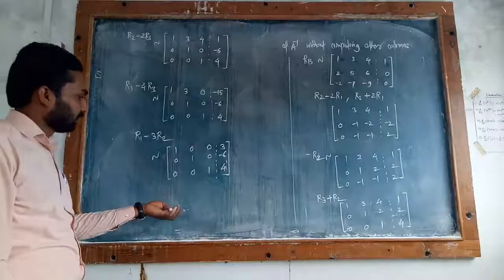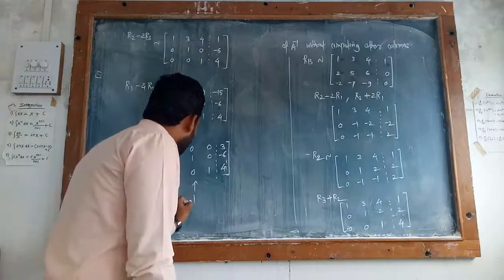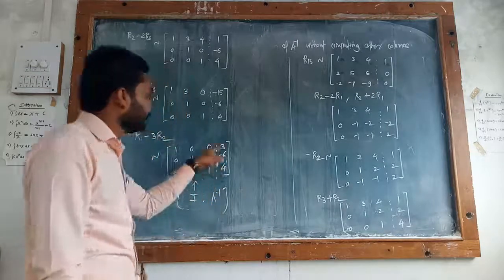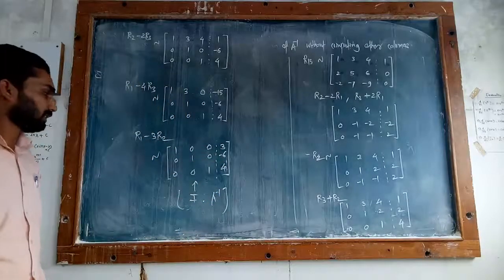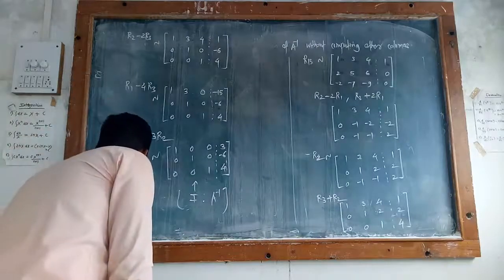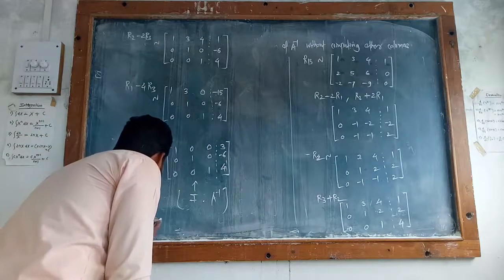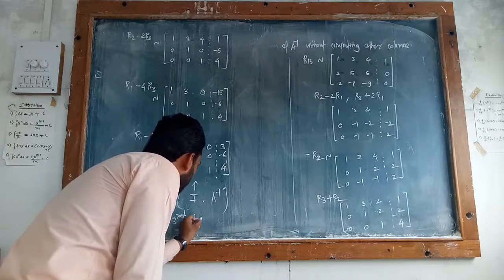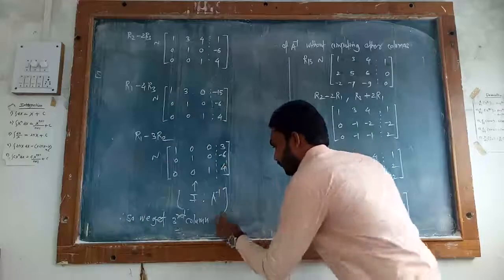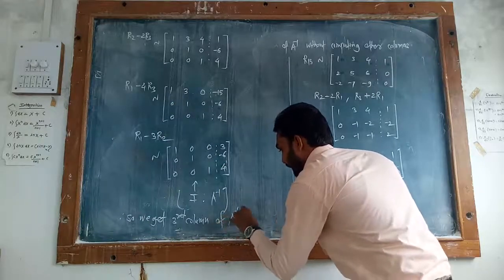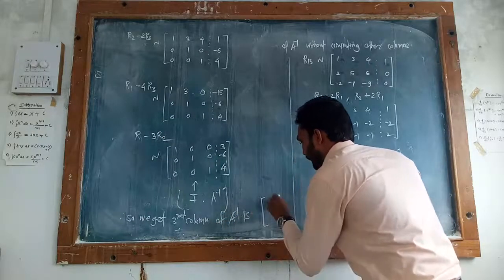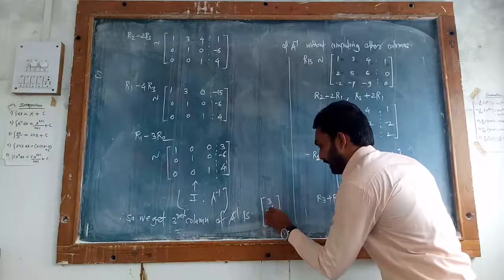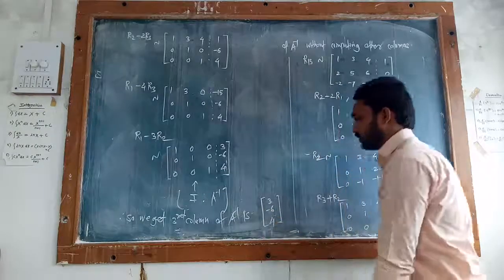So we get the identity matrix, right? This will become the third column of A inverse. So write down: therefore, the third column of A inverse is 3, minus 6 and 4.